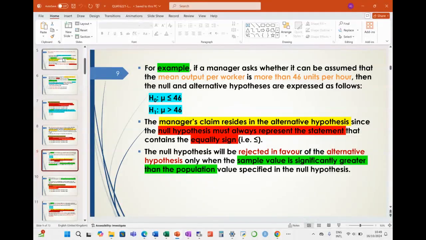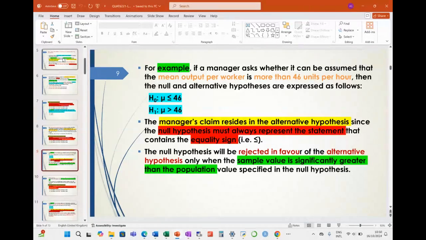But again, we want H0 to have the equal sign in it. So we then say, okay, the mean here, if it is equal to 46 or less than, that means that we accept our null hypothesis. If it is greater than, then we reject.